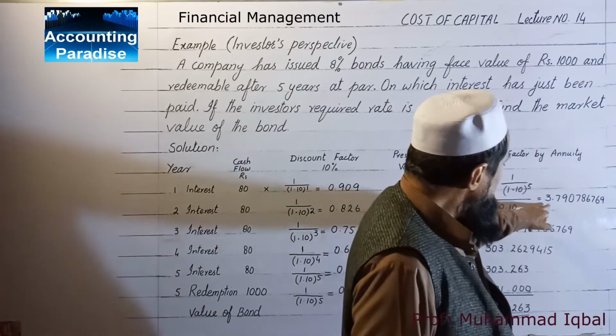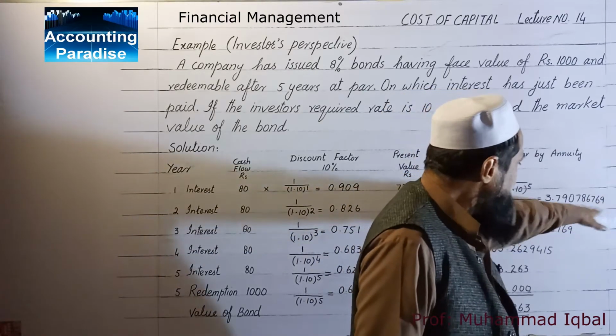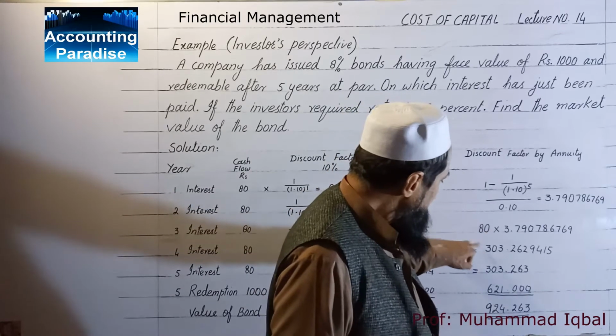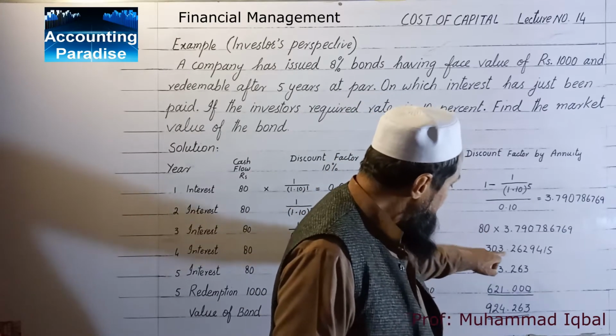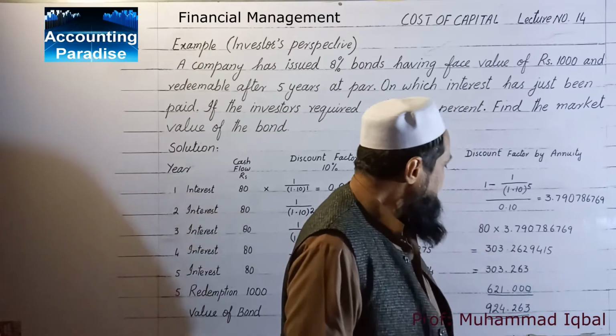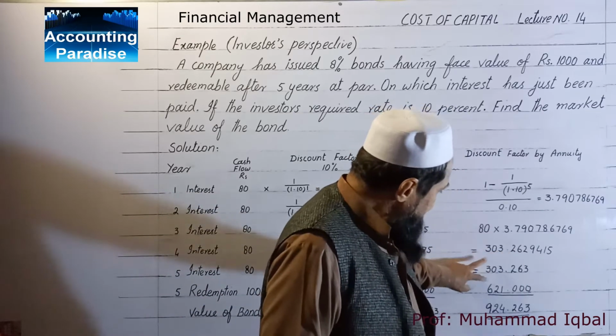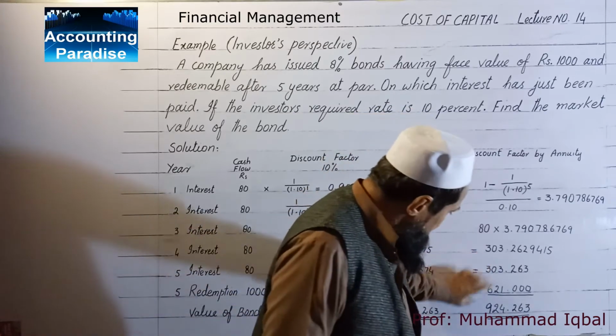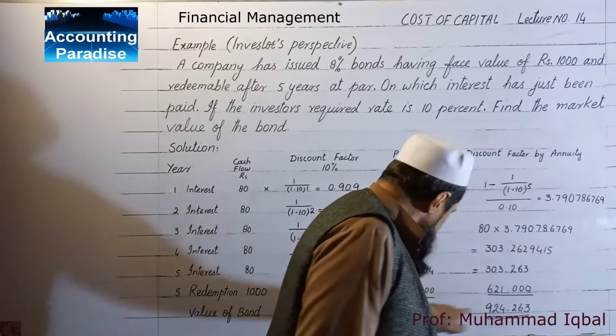This comes to 3.79, and this is the factor. When we multiply this by 80, we get 303 rupees and 26 paisa. When we add it to the redemption value, we get the same value.